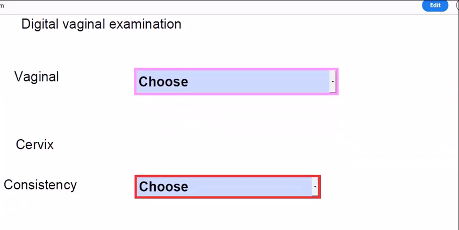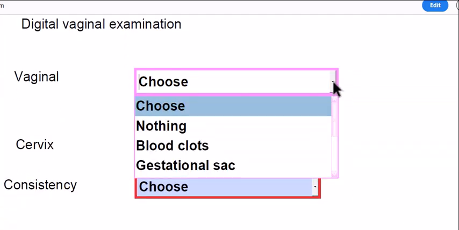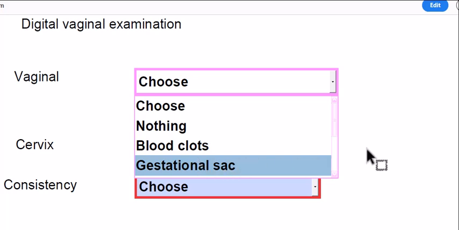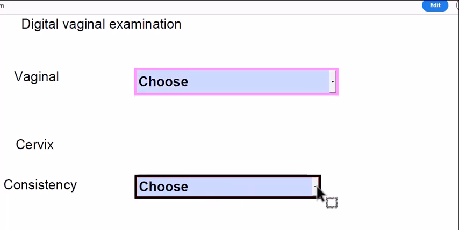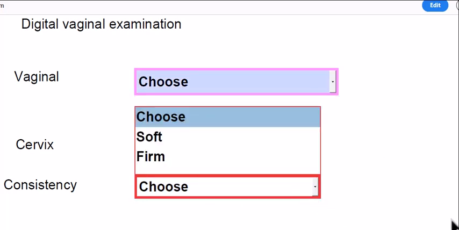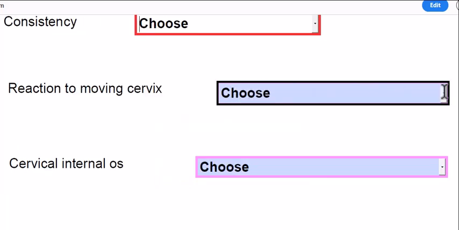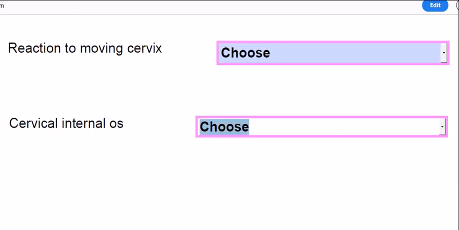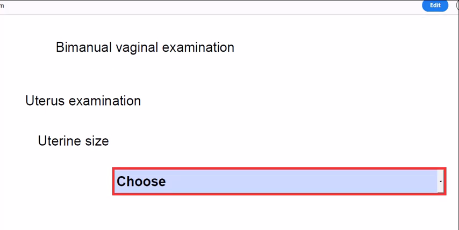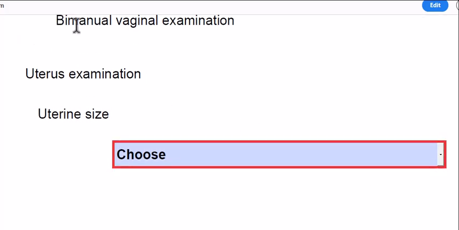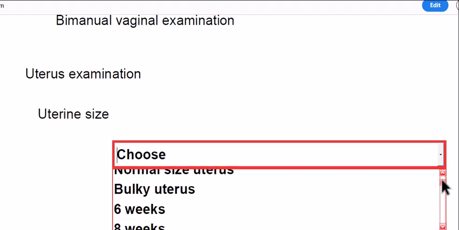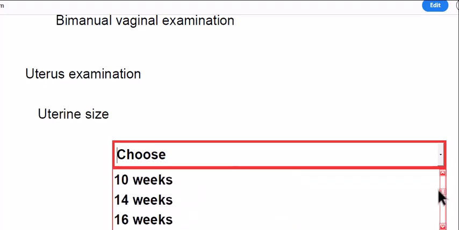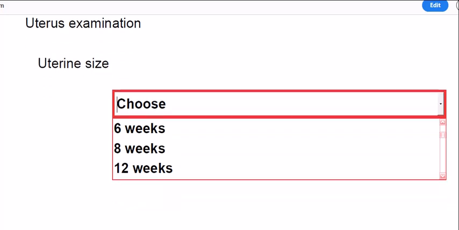Then we do the gynecological examination of the vagina, nothing but blood clots and gestational sacs, and then is the cervix soft, and the cervical motion, and then is the internal cervical os open or closed, or the membranes. Then we have to determine the size of the uterus, is it normal or how many weeks and so on.